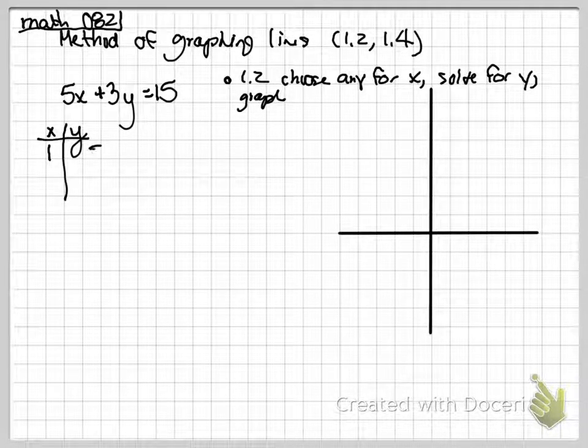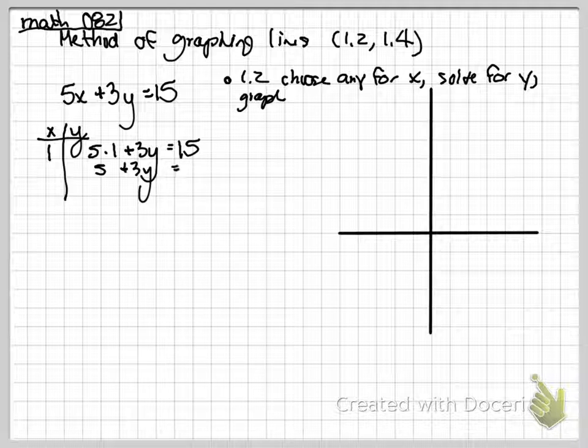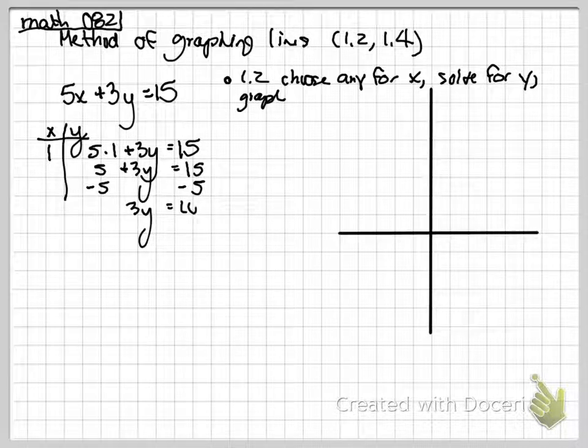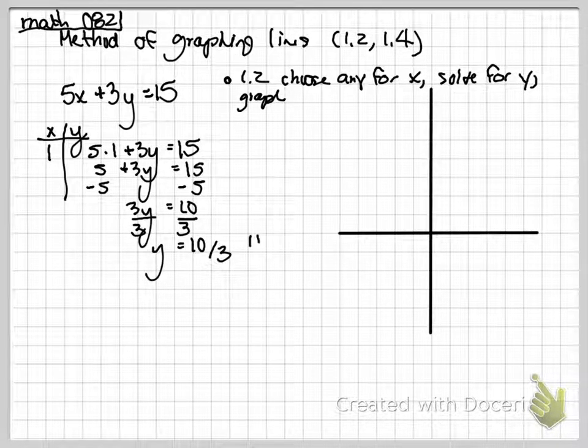So I have 5 times 1 plus 3y equals 15. All right, this is going to take a little bit of work. So we have 5 plus 3y equals 15. Subtract 5 from both sides. And then we get 3y equals 10. Divide by 3. And we have y is equal to 10/3, which probably makes us sad, right?